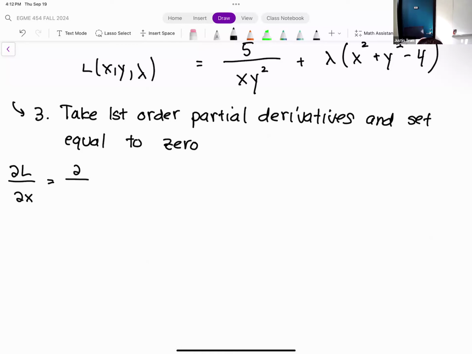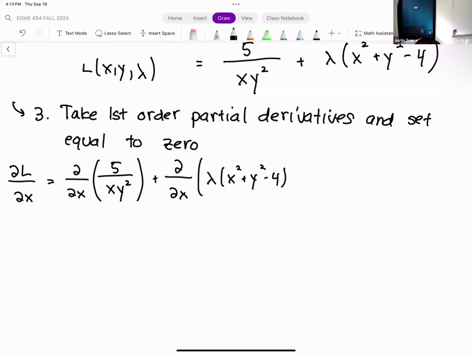Okay. So I'm going to take that partial derivative and distribute it to each of the terms here. Remember, differentiation is a linear operator, so that means when we have terms separated by a plus or a minus, we can just distribute the derivative to each one of those individually.